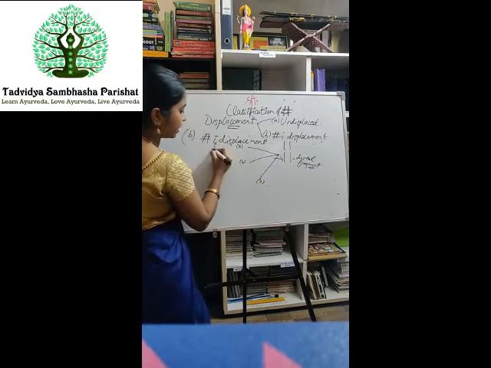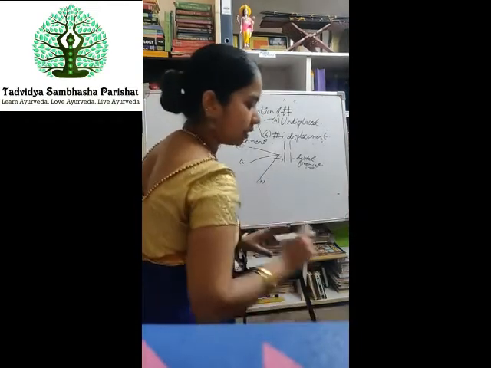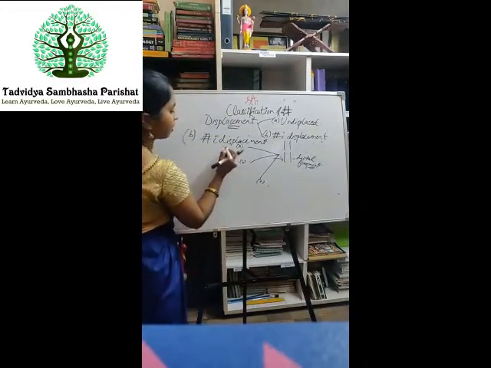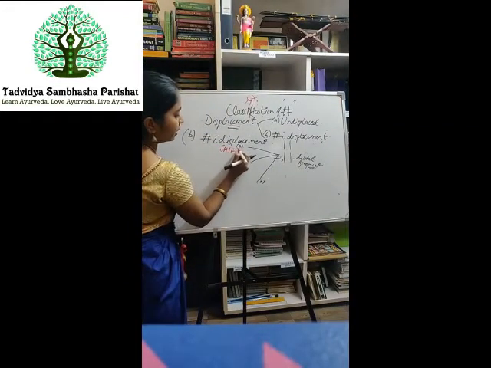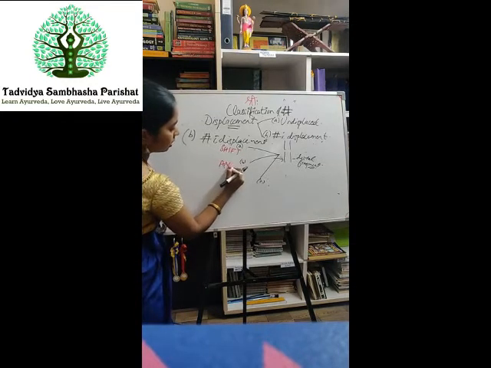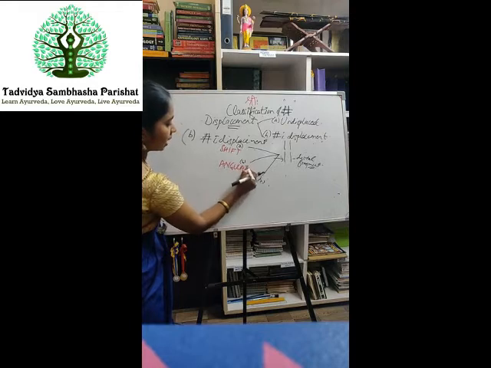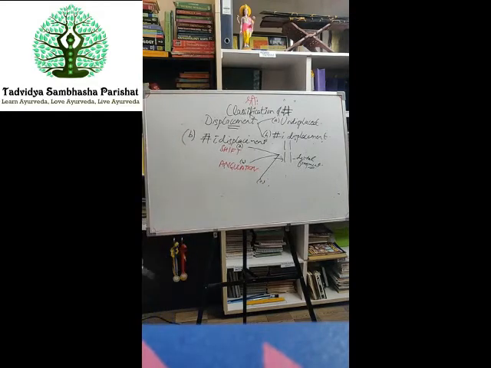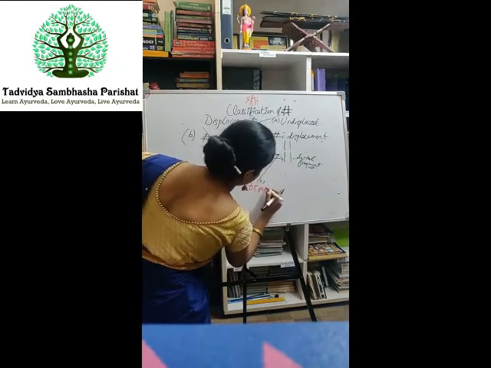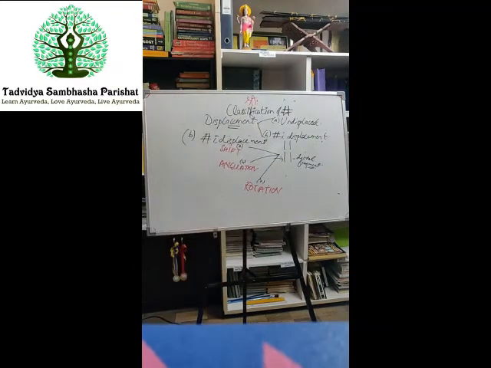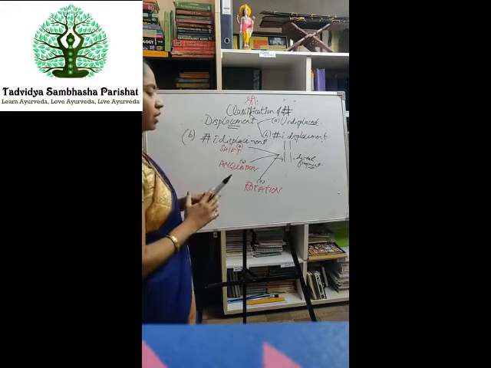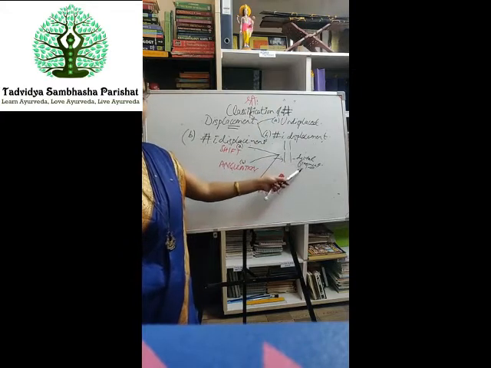So the first is a simple shift. The next is angulation. The third is rotation. When we speak about displacement of a fracture, it is with respect to the distal end of the fragment.